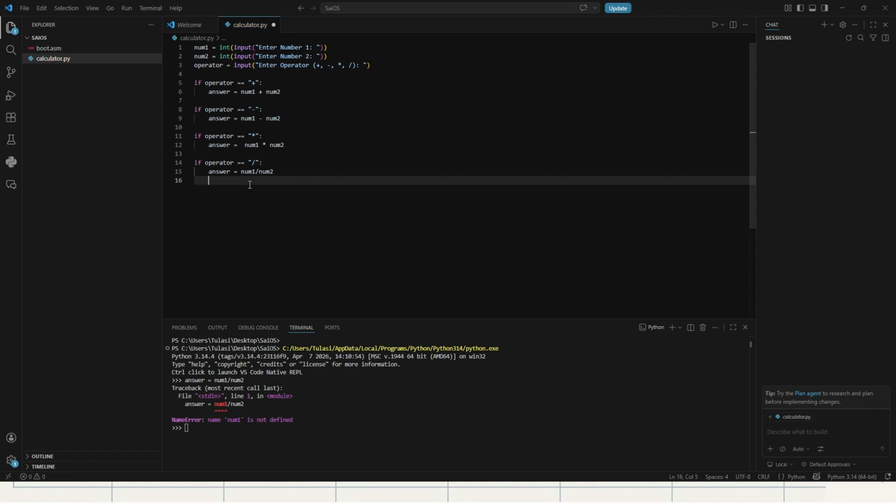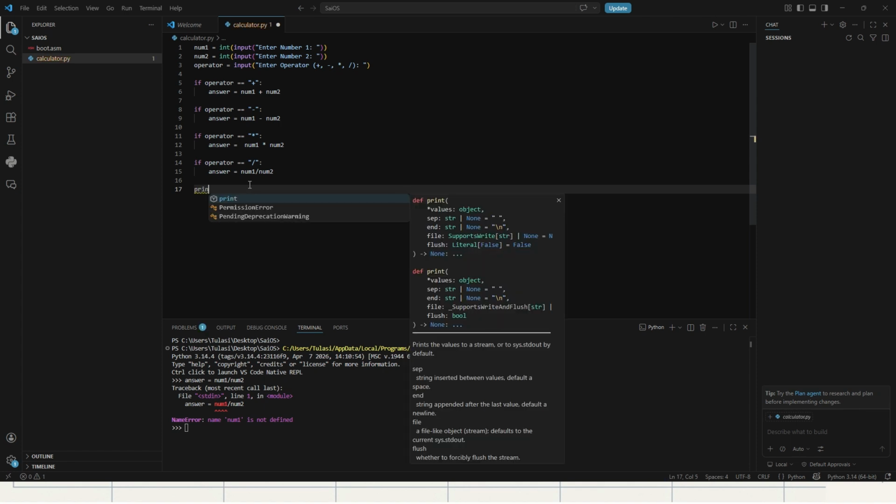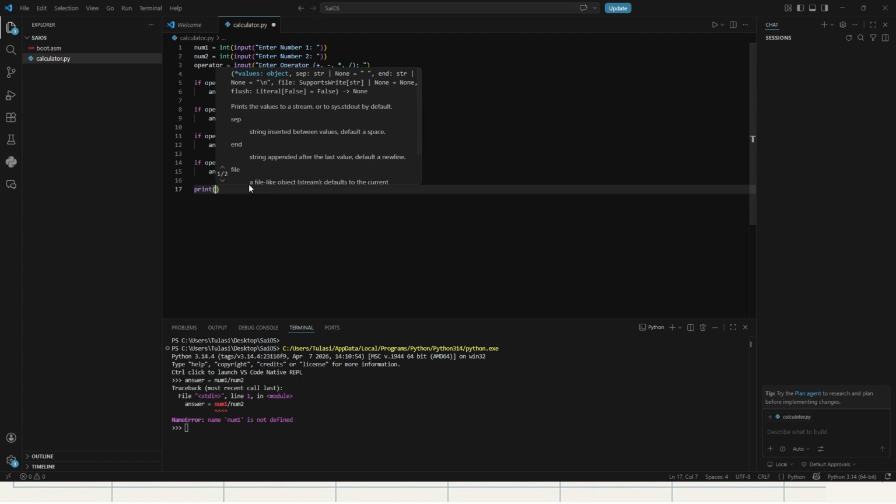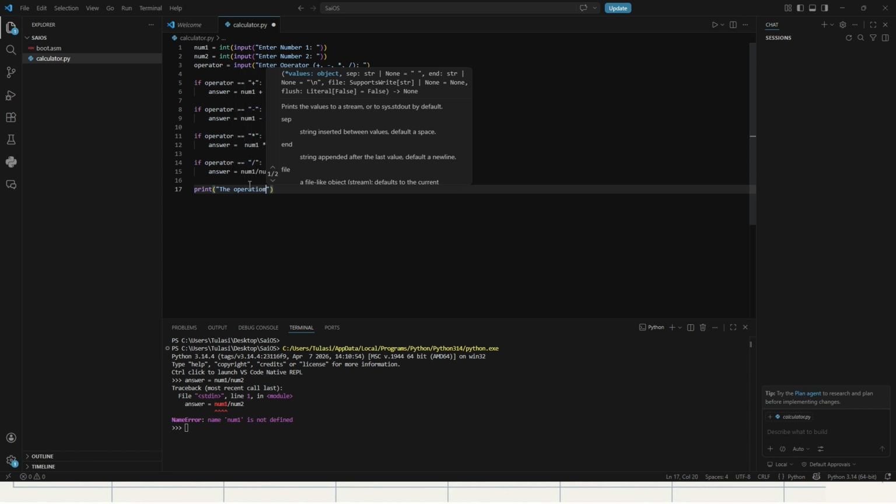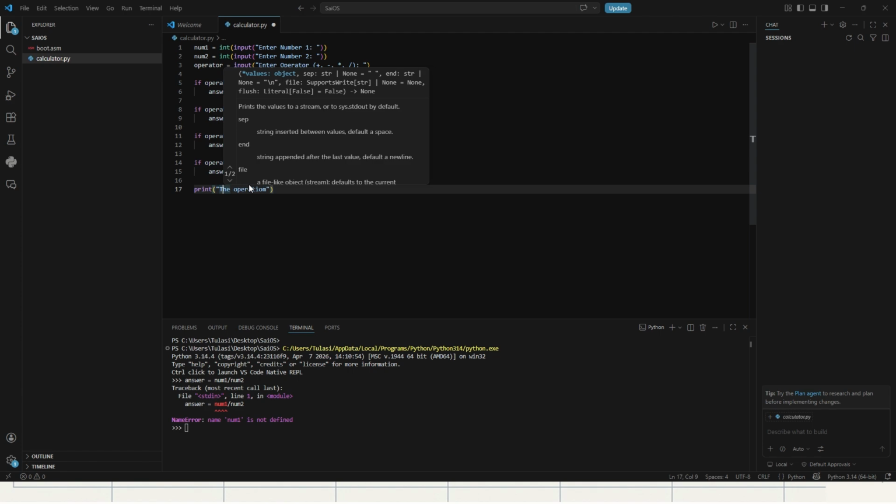Now at the last it should print the answer, right? Print the operation. First I'll keep F here.